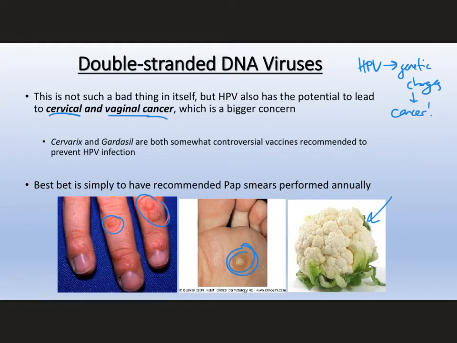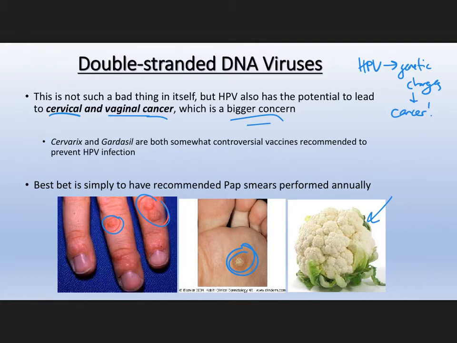This is an interesting thing, because if we could figure out a way to prevent the viral infection, we could probably eliminate a lot of cases of cervical or vaginal cancer, which again obviously is a much bigger concern, because now we're talking about something that can actually even just be lethal in terms of cancer.